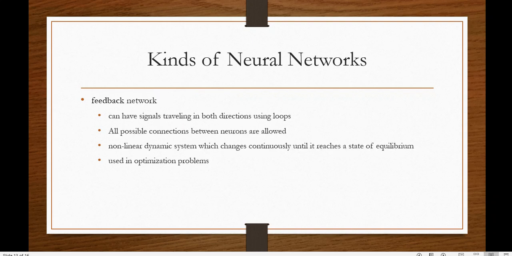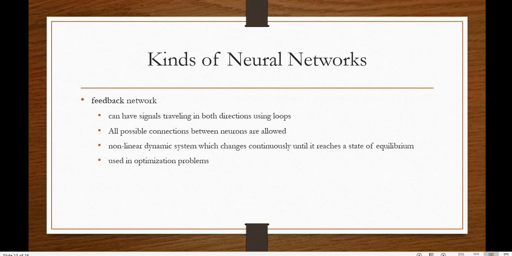Next is the feedback network. We have already discussed the concept of back propagation, where the information or data is sent from a layer on the left to the right, and then after calculating the cost function, that information may be sent back. This type of network has application in optimization problems.